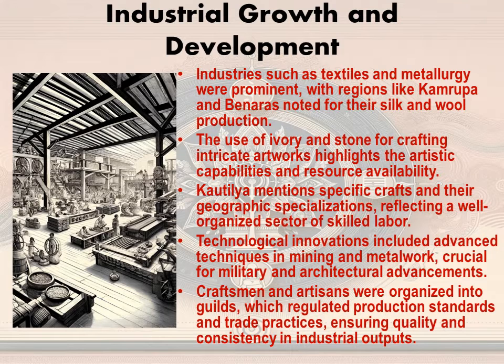Craftsmen and artisans were organized into guilds which regulated production standards and trade practices, ensuring quality and consistency of industrial output. So there were different kinds of trading organization, houses or guilds whose main purpose was to focus on the quality of specific types of trade.